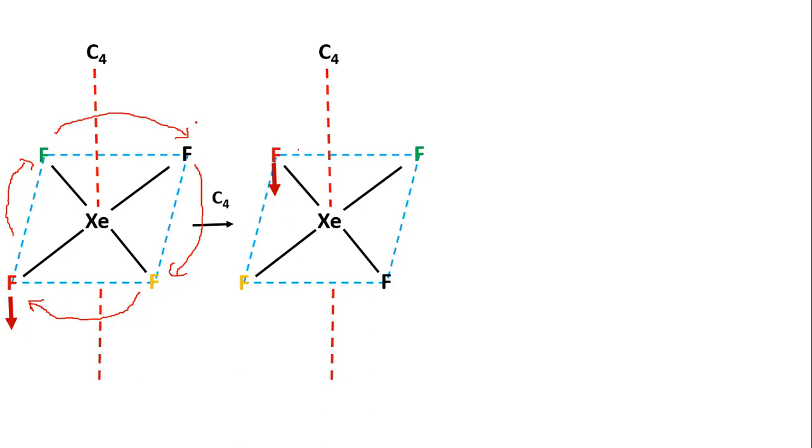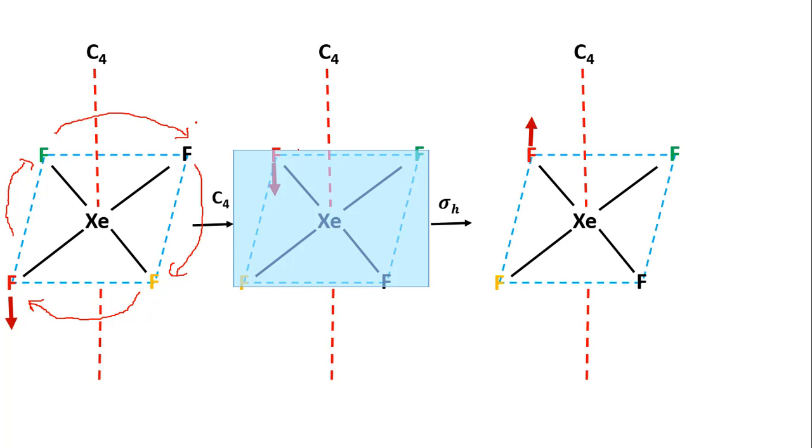All the atoms present in the plane will remain unshifted. This downward arrow will become an upward arrow. We have performed two operations using S4, and so it will be S4 square. S4 square is sigma h square into C4 square. Sigma h square is E, and after that you find C4 square.